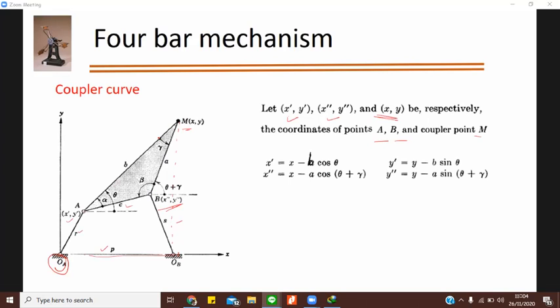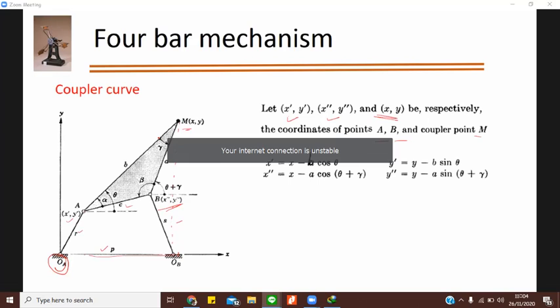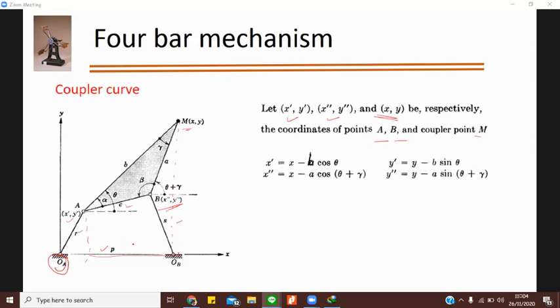So from X, when you remove B cos theta, this part, you will get this part. So X dash is equal to X minus B cos theta. Similarly, Y dash is equal to Y minus B sin theta. Similarly, for this, X double dash is X minus A cos (theta plus gamma), and Y double dash is equal to Y minus A sin (theta plus gamma).